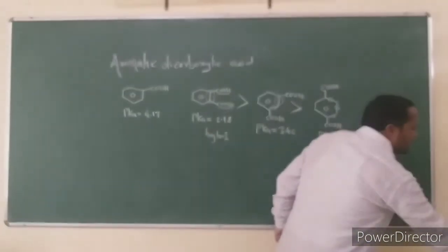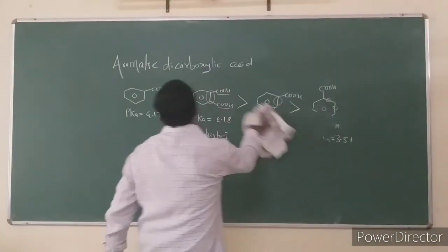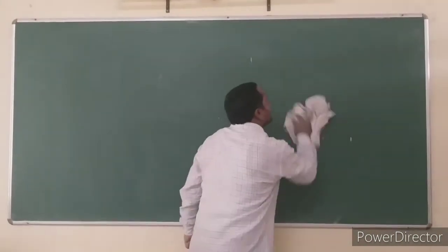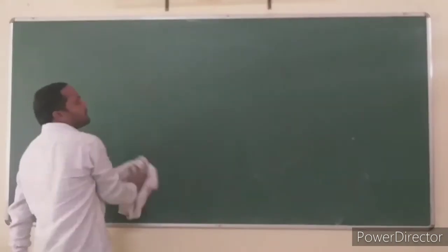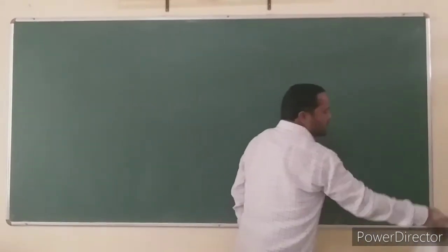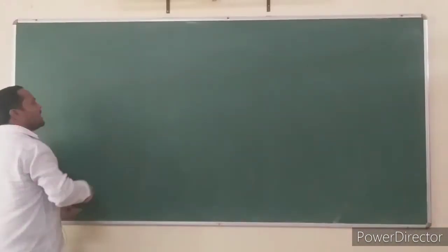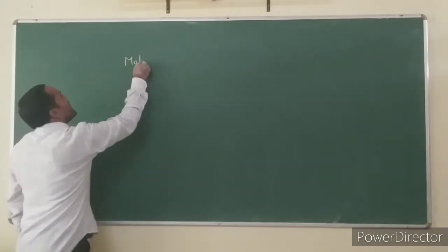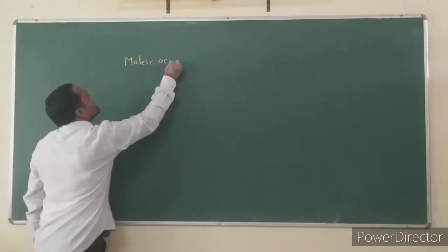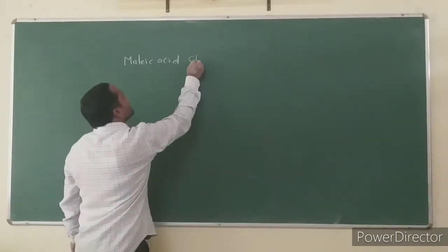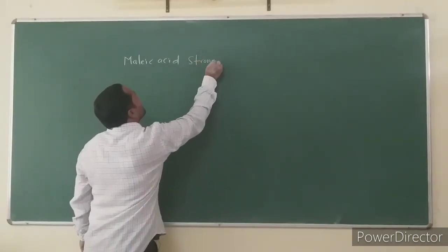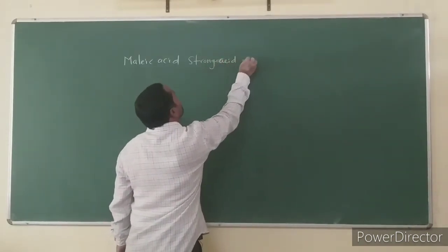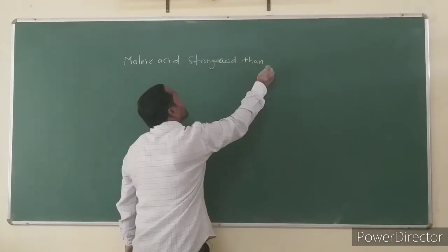Consider one interesting example of unsaturated dicarboxylic acid. It is a very interesting example for the acidity of unsaturated dicarboxylic acid. Consider maleic acid. Maleic acid, an unsaturated dicarboxylic acid, is a stronger acid than fumaric acid.